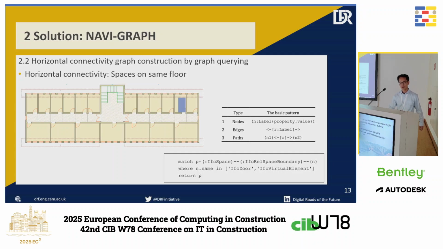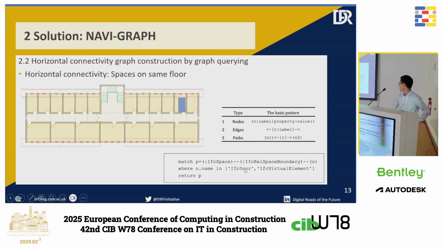So the second part is about construction of the horizontal connectivity graph. Since the horizontal connectivity has been defined in IFC, we can simply use this query. This is a Cypher query, which is a graph query language. So this means match P is a path, an IFC space is connected to another thing through the IFC real space boundary.